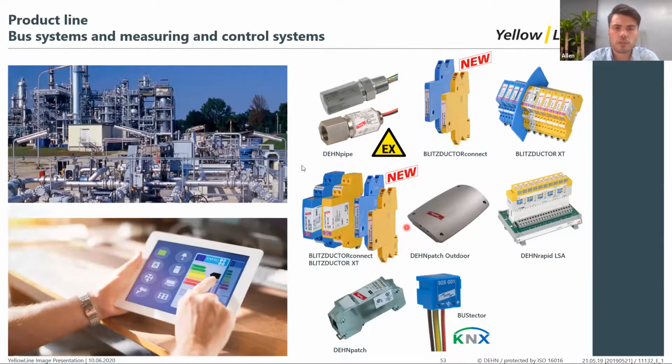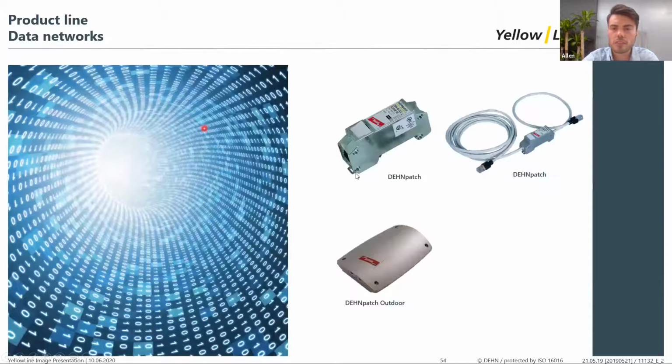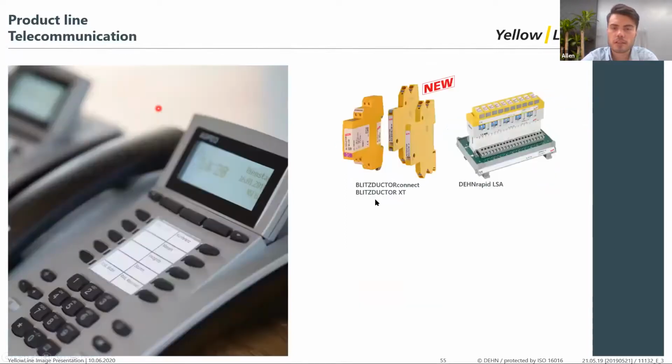The same goes for your data networks and Ethernet applications. We have the DEHN patch and the DEHN patch outdoor. Moving over to your telecommunication products, we have the Blitzductor and the Blitzductor Connect, which can be used to protect your telephone systems, as well as the DEHN Rapid LSA, which is older technology.